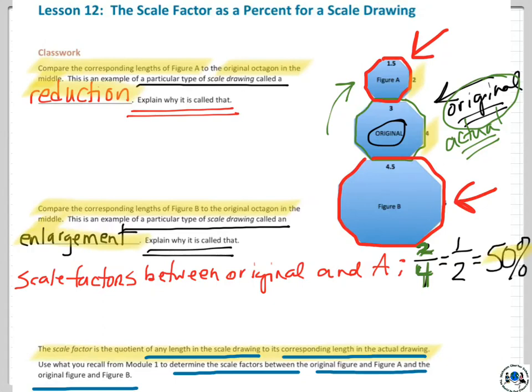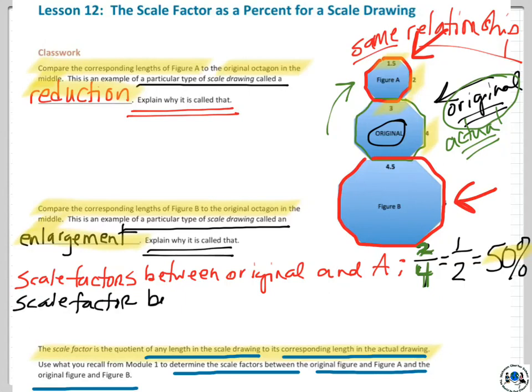That 50% is what we are looking for in terms of expressing scale factor as a percentage. So figure A represents 50% of the original drawing. Same relationship.